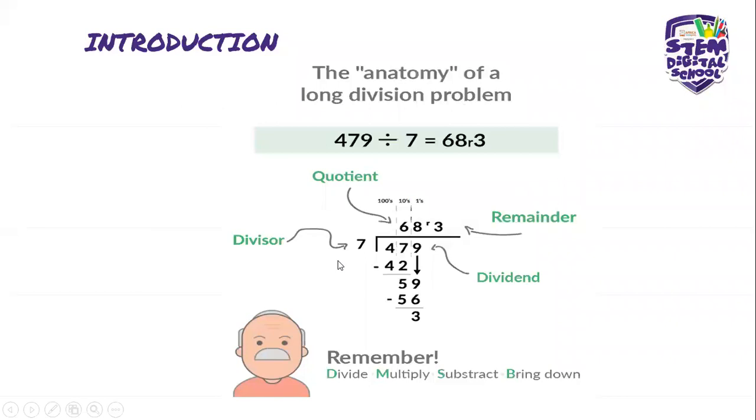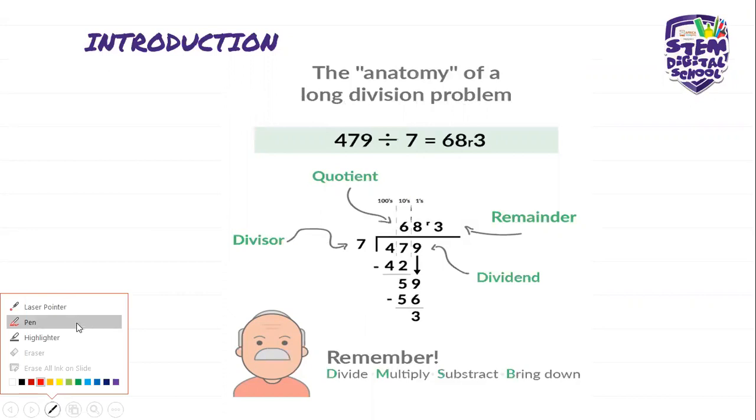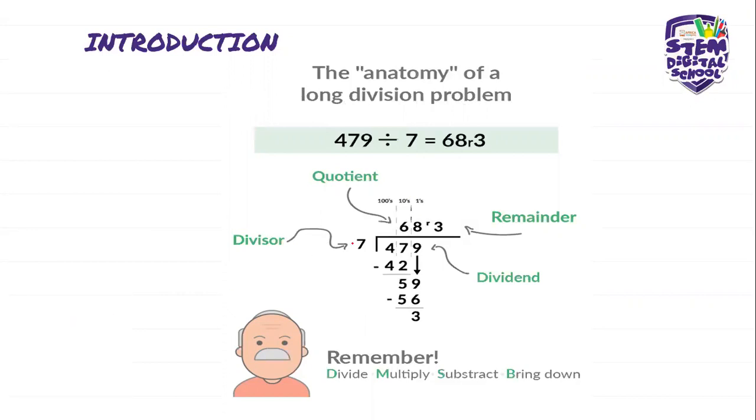Now, while I speak about this, I would like you to take notes. The first note about long division is that your divisor gives you information about the multiples that you're going to subtract with, because you always subtract with multiples.